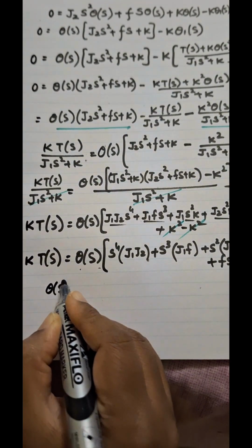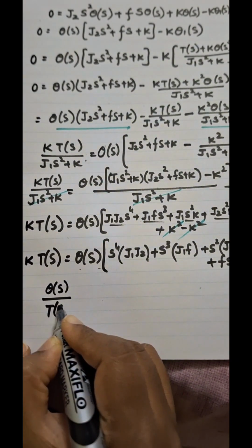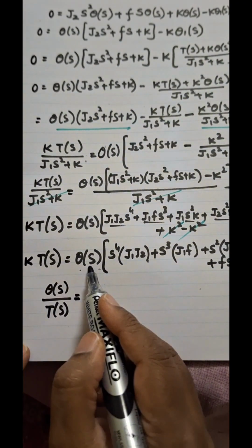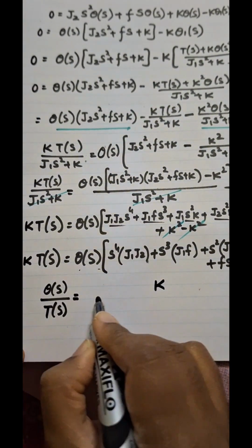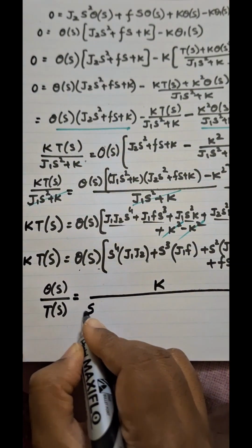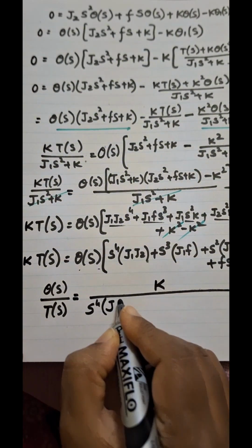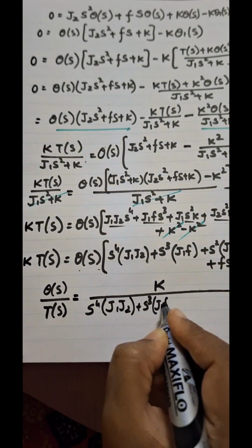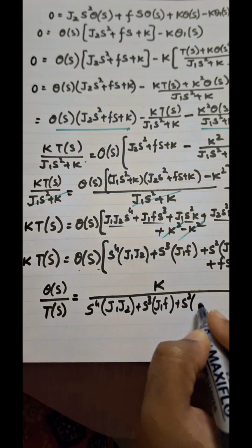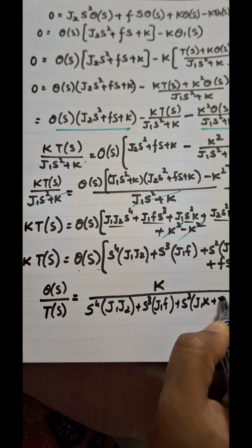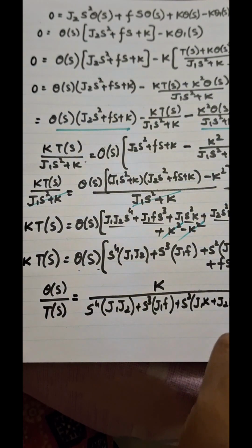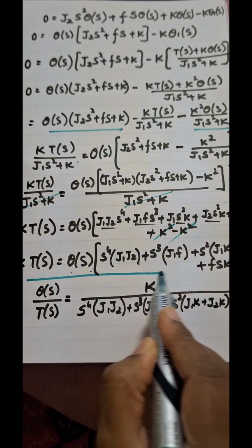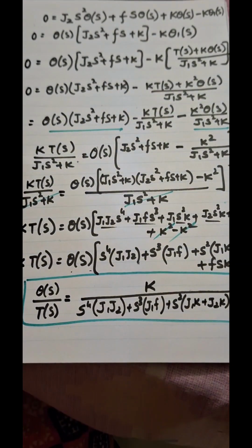Theta of S by T of S is equal to K by S power 4 into J1 J2 plus S cube into J1 F plus S square into J1K plus J2K plus FSK. So finally this is our solution.